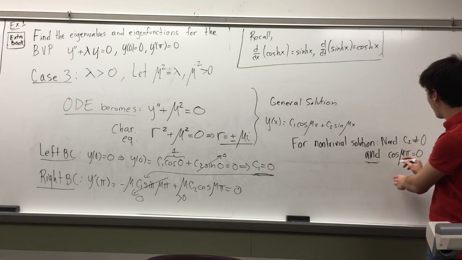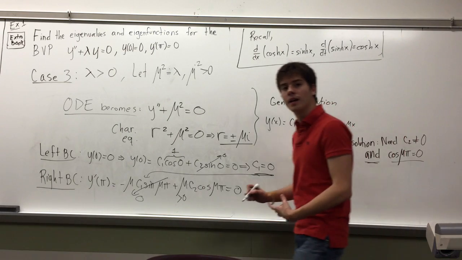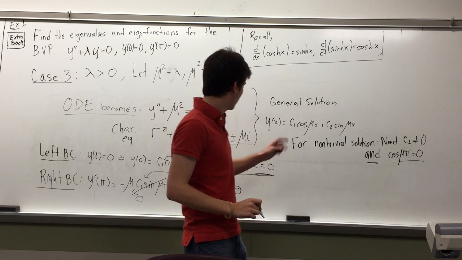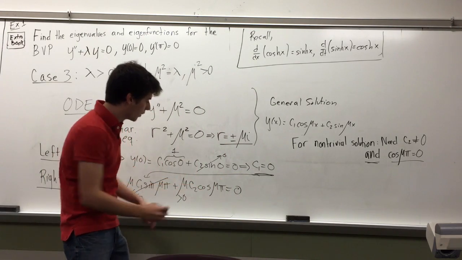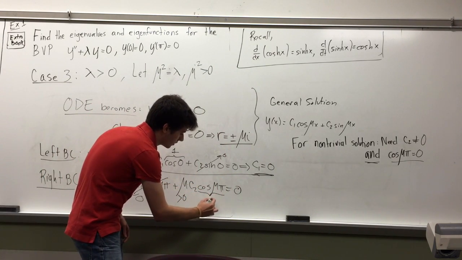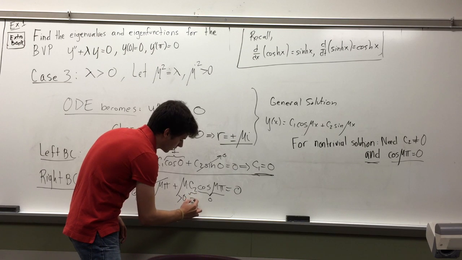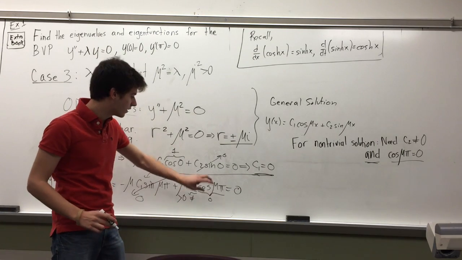So this is the important part. Cosine of mu pi is equal to 0 because we want this term to be 0 and this term to be different than 0. It all has to satisfy this equality.